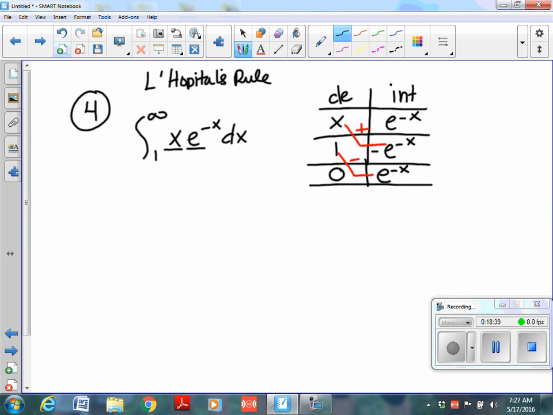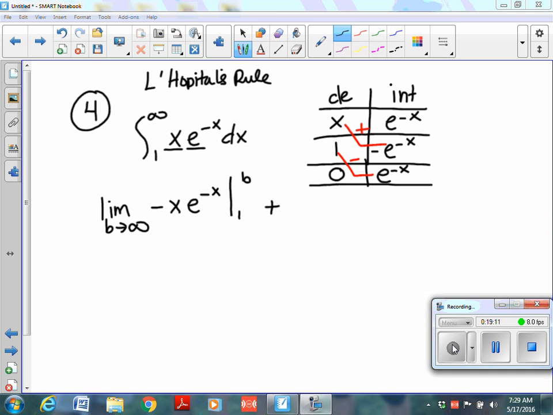So, I'm going to integrate the limit as b approaches infinity of a negative x e to the negative x from 1 to b plus, okay, so yes, that's not going to be a positive. It's going to end up being a negative because of the sign. E to the negative x from 1 to b.